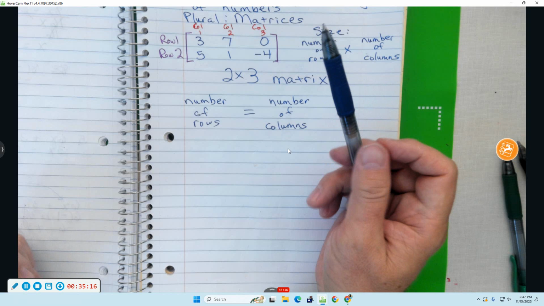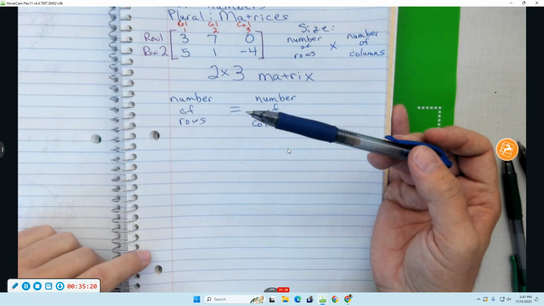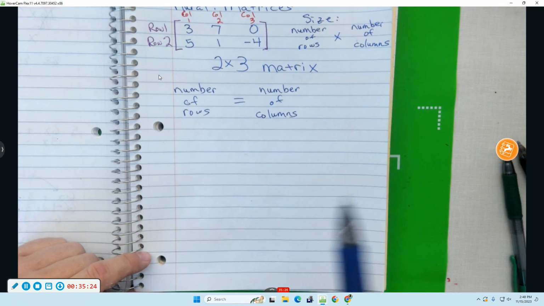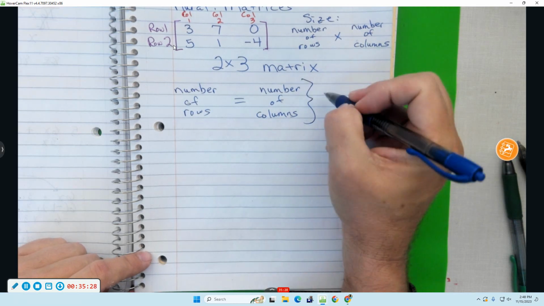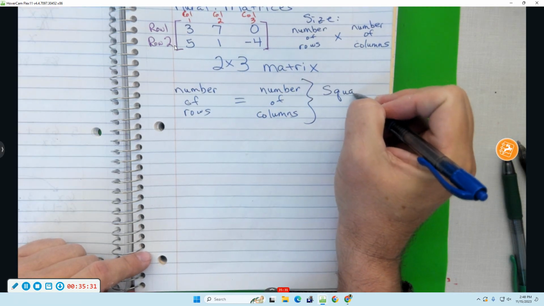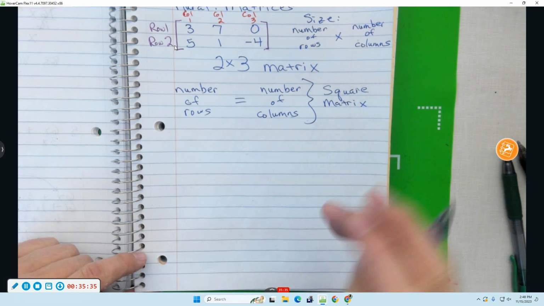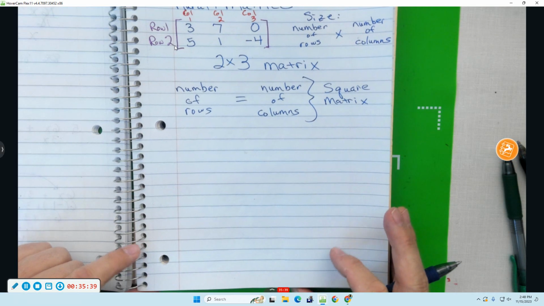Suppose you have a rectangle that's 5 by 5 or 7 by 7. What do you call that rectangle? Starts with an S. Square. Okay, so if the number of rows is equal to the number of columns, that's called a square matrix. And it's going to be important because when we start finding determinants in a few minutes, you can only find the determinant of a square matrix.